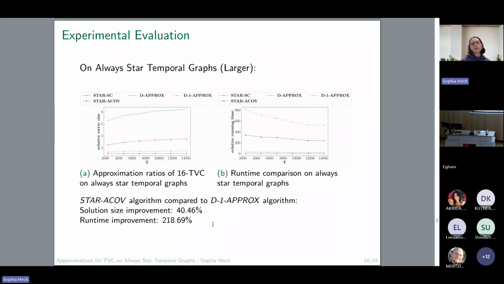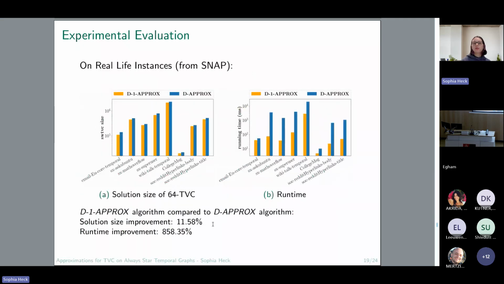So these experiments you have seen so far were just performed on synthetic data because unfortunately there's no always star temporal graphs available. We only have arbitrary temporal graphs available. However, we wanted to still take a look at real-life instances from SNAP, and there we compared in particular the D-1 and D approximation algorithm.